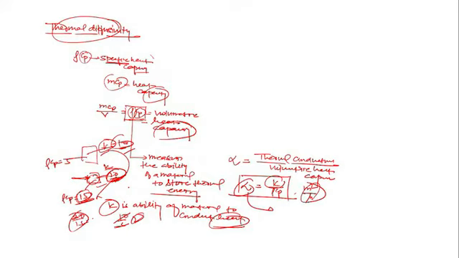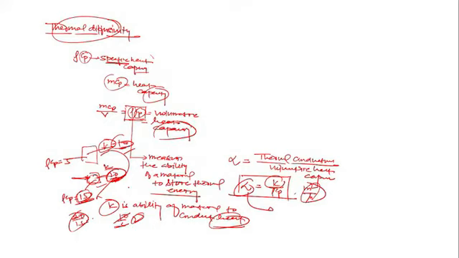Or you can say thermal diffusivity is the ability of the material to conduct thermal energy with respect to its ability to store thermal energy. It means materials of large alpha will respond quickly to changes in their thermal environment. Just like in process control, the time constant: lower the time constant, faster the response.